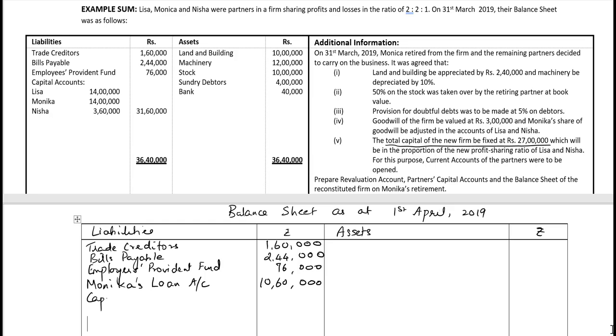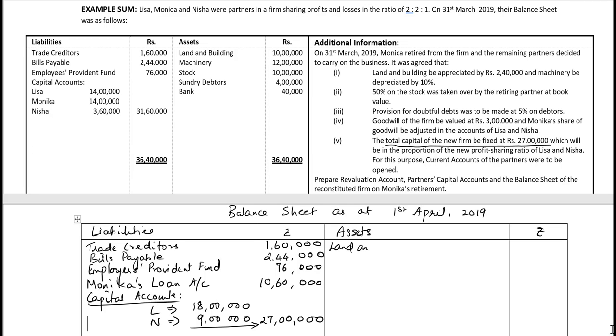The capital accounts: Lisa 18 lakh, the new capitals of the partners, the balance carried down, and Nisha 9 lakh rupees. Total 27 lakh rupees.